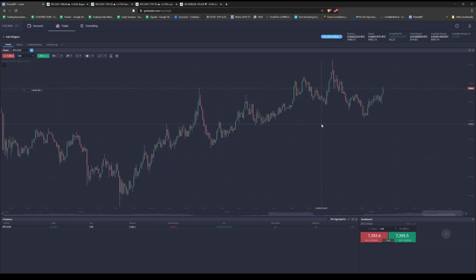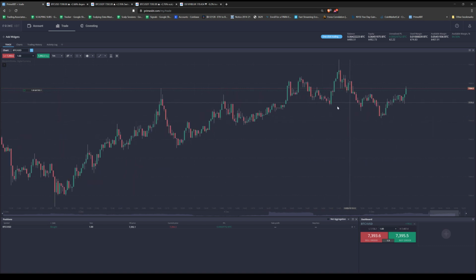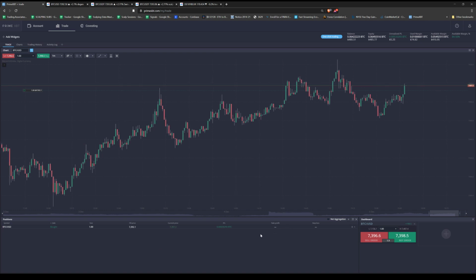Now, if Bitcoin has some insane volatility, let's say every single 1 minute candle is like $60 or something, that would be a bit insane. The drawdown would get severe. But if the candles are that large on the 1 minute, odds are the volatility is pretty big, which means you're going to have some nice trends, which means you're going to have some big winners. So that's again why I advocate for just fixed contract sizing. I don't think you should do it based on percent of equity at all. I feel like this is the smarter way to do it.